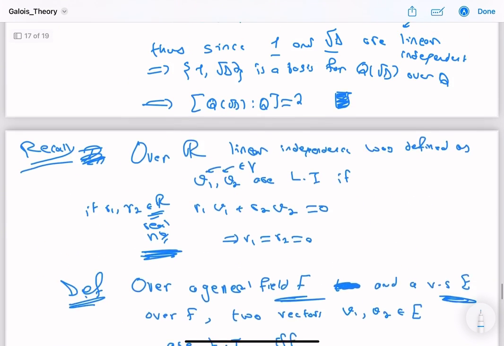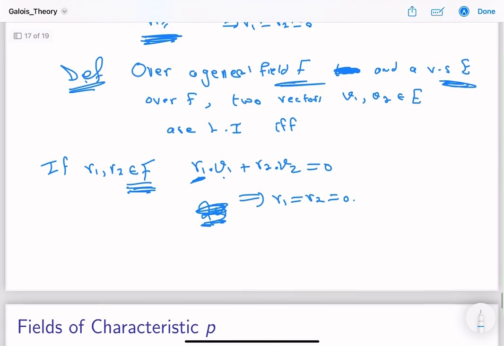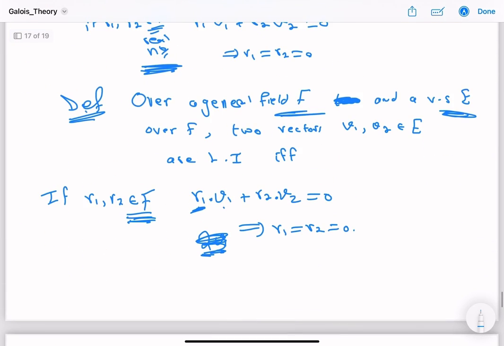As an example, let us prove why 1 and square root of d are linearly independent over Q. Why over Q?